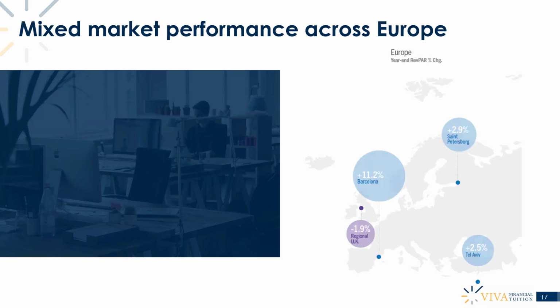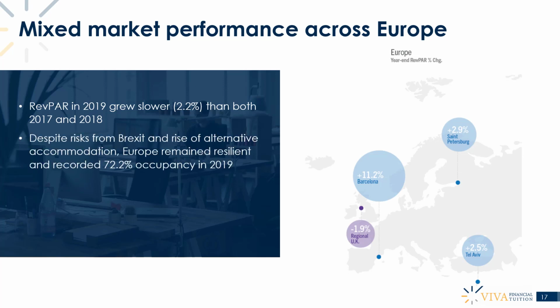We're looking at a very mixed market performance across Europe, a lot of difference between the different countries within this region. RevPAR in 2019 grew slower, 2.2%, than both 2017 and 2018. Despite the risks from Brexit and the rise of alternative accommodation, Europe remained resilient and recorded 72.2% occupancy in 2019.